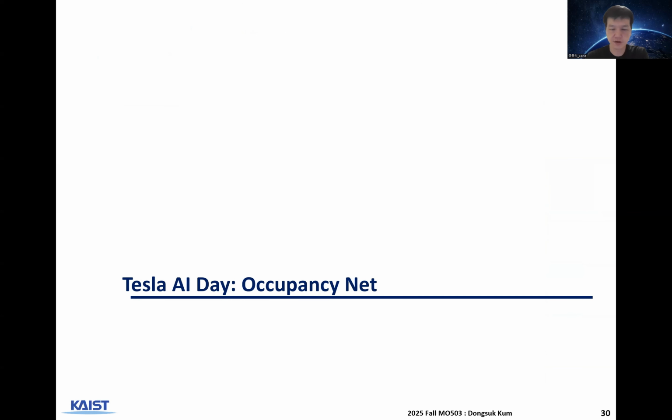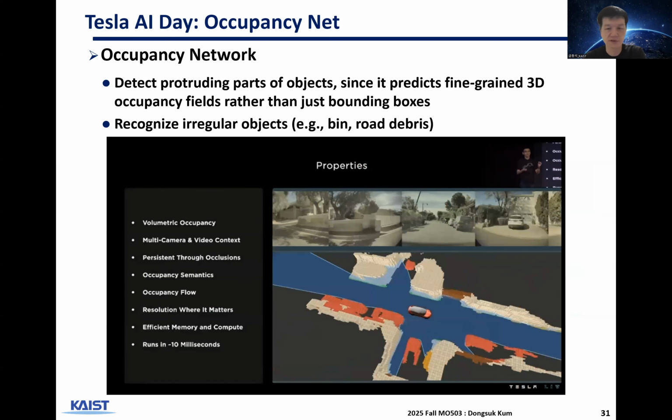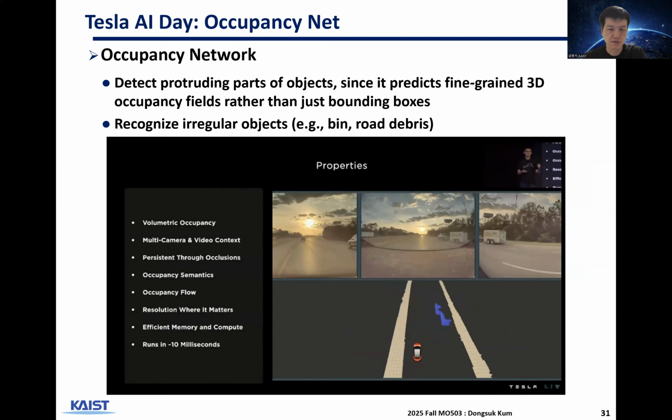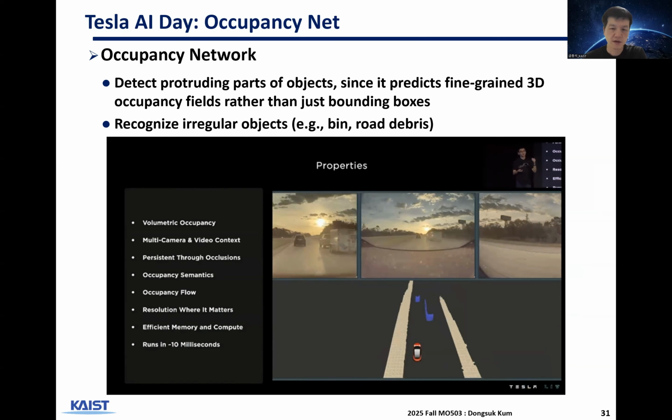The next part is going to be occupancy nets. Like we introduced in previous lectures, if you only use an object detector, a 3D object detection head, it's difficult to handle all kinds of different types of objects, unknown objects, and deformable objects, very non-regular types of objects.